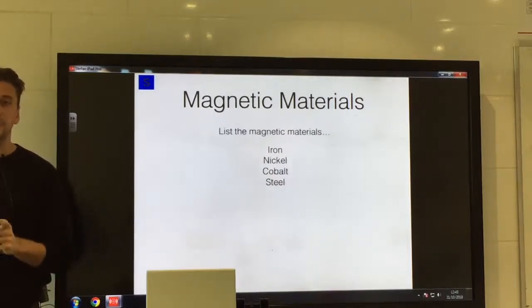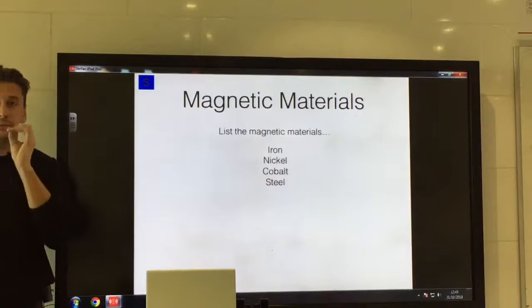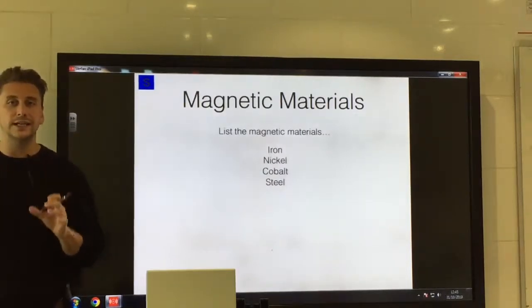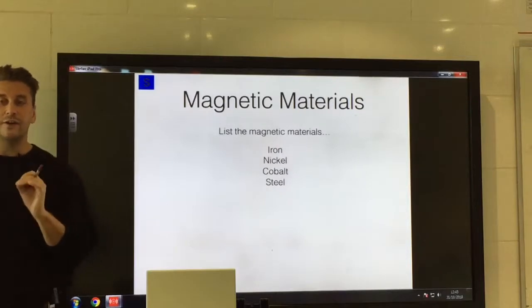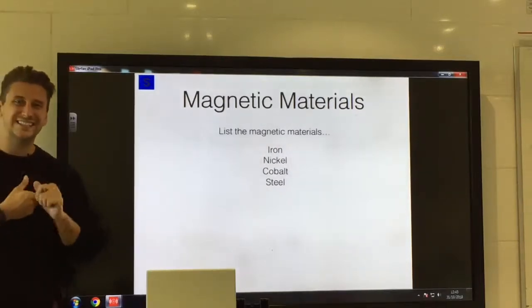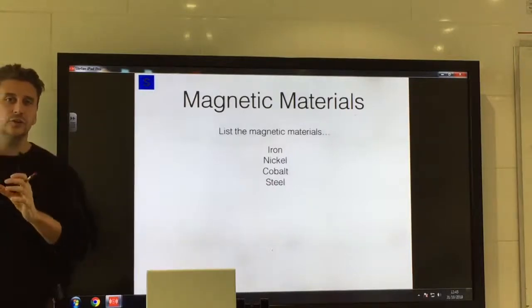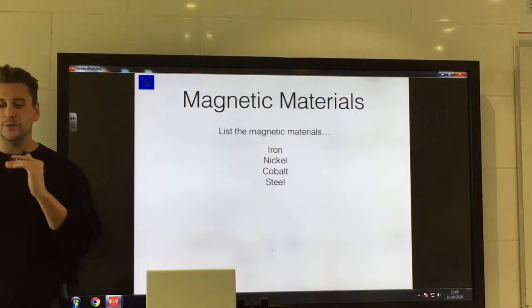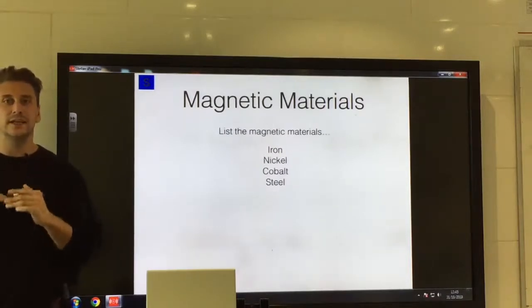In magnetism, it is specifically the magnetic materials, also known as, which we'll see in a second, ferromagnetic materials. Only ferromagnetic materials such as iron, nickel, cobalt and steel, which is actually an alloy of those metals, so it must include a ferromagnetic material. Those materials can experience the magnetic force.